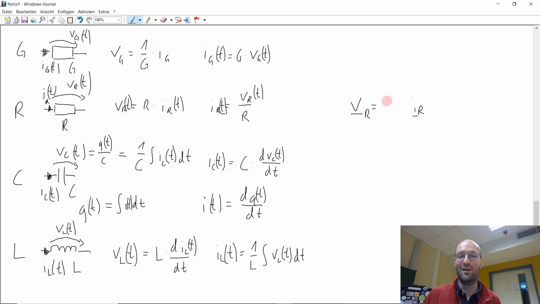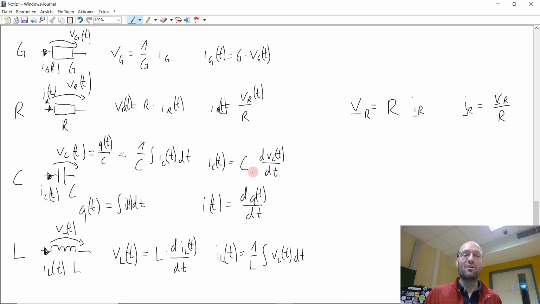Same as before. So here we could also say IR is the complex phasor VR divided by R. For the resistor, nothing changes. Ohm's law in time domain is the same as Ohm's law in frequency domain.